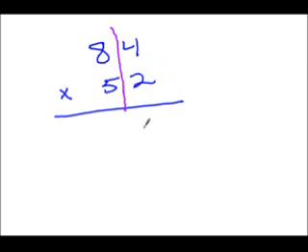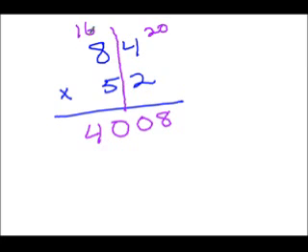4 times 2 is 8. I'm going to put down 0, 8. 5 times 8 is 40. Cross multiply. 5 times 4 is 20. 2 times 8 is 16. 20, 36 when I add those together. Remember, I'm adding my tens first.